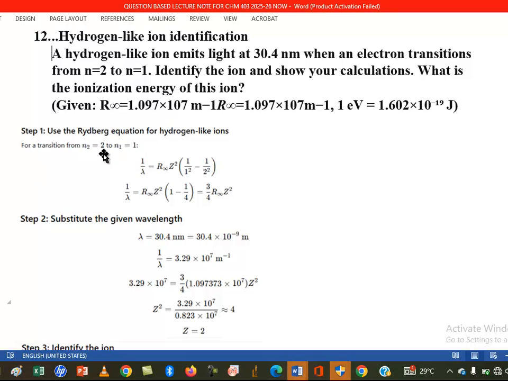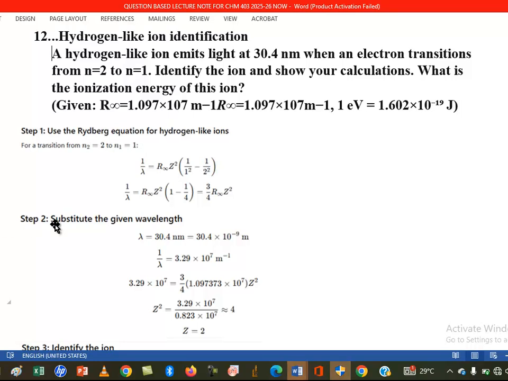So remember, 1 over lambda is equal to R Z squared, in brackets, 1 over n1 squared minus 1 over n2 squared. That is 1 minus 1 over 4, and that gives us 3 over 4 R Z squared. So this is your answer.